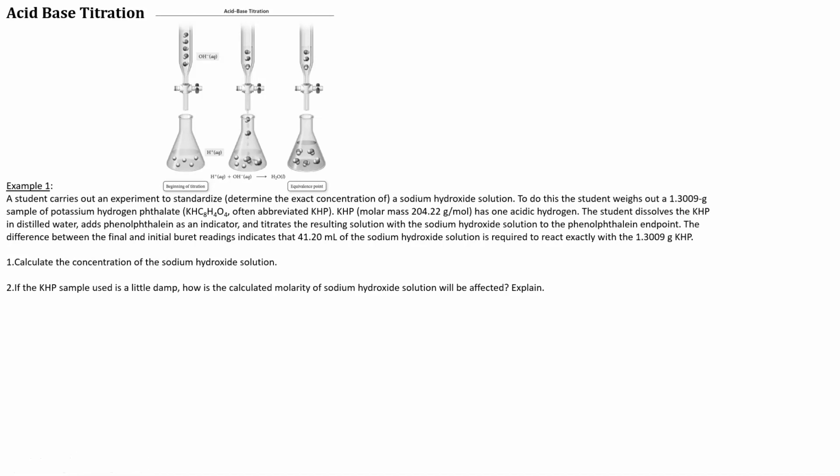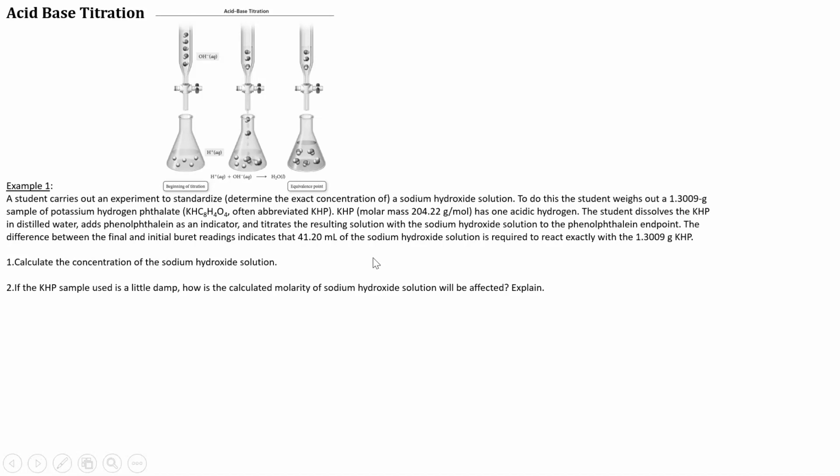Now it asks us to calculate the concentration of sodium hydroxide solution. So we need to think about what that would look like. The concentration of sodium hydroxide is molarity. So I need to know moles of sodium hydroxide and then divide by the liters of sodium hydroxide. Well, I'm given the volume of sodium hydroxide solution right here. I just need to turn it into liters. But I do not have moles of sodium hydroxide.